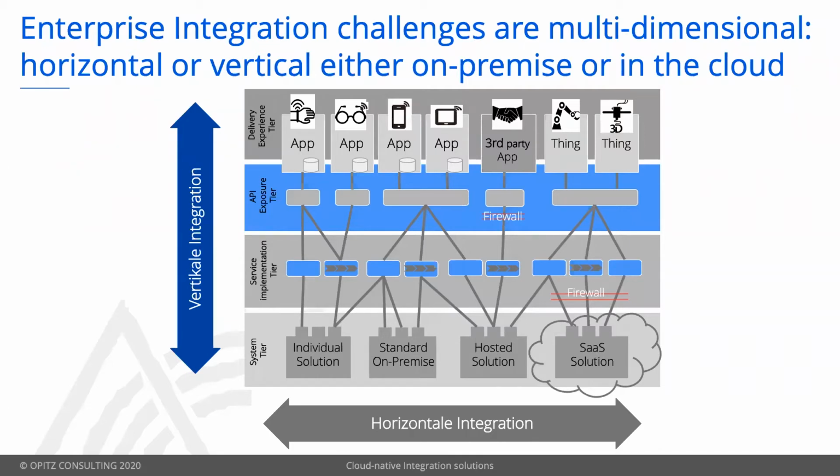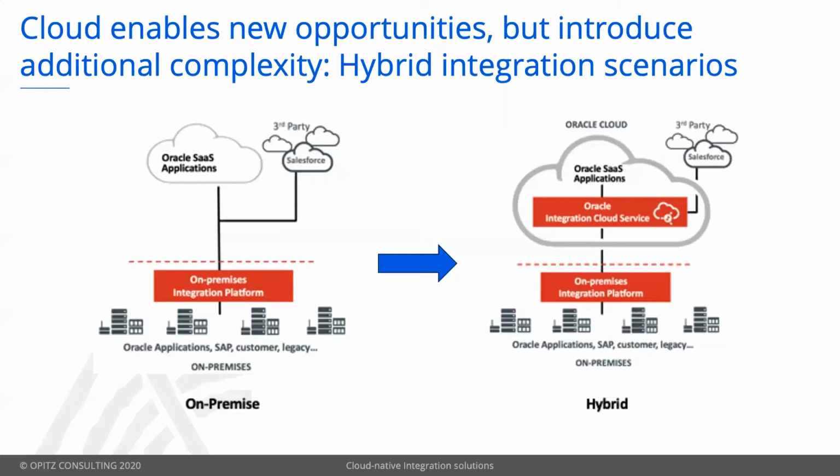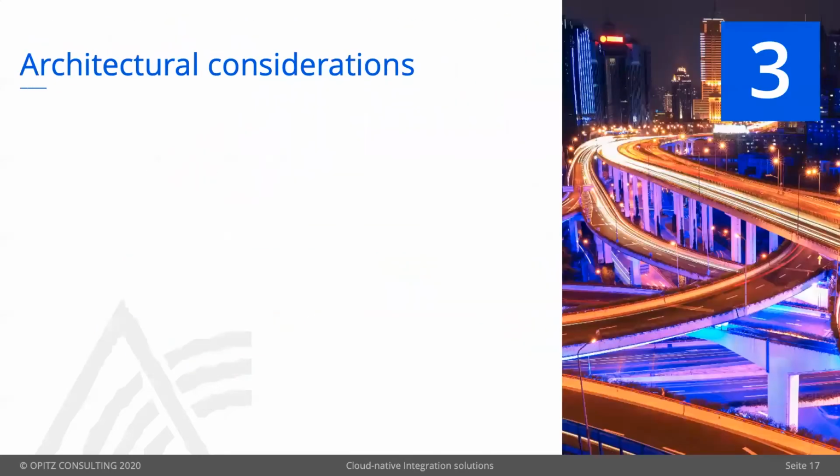So those are just 2 dimensions, but we also have a 3rd dimension, which is cloud, because you need to think everything. As I said before, we live in a hybrid world, so we need to have an integration platform which is capable to integrate both on-premise systems and cloud systems, as we will also see in the following.